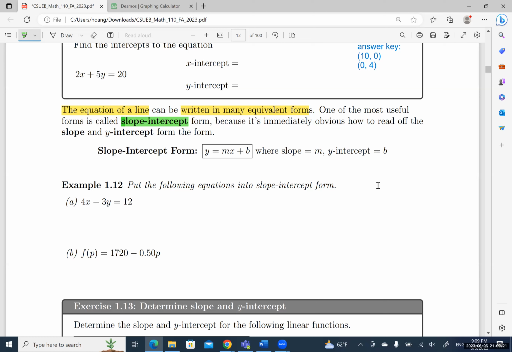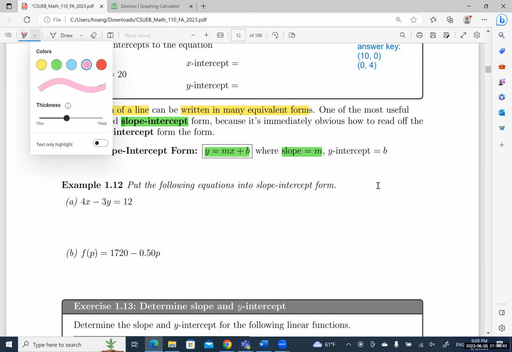But I want to introduce slope intercept form, which mostly you're gonna know as y equal to mx plus b, and the slope is m, and the y-intercept is b.